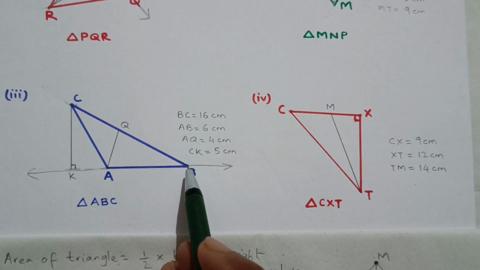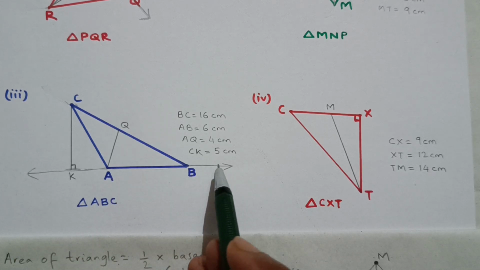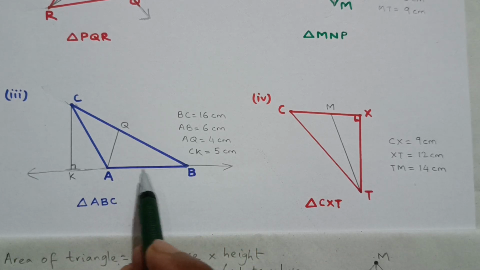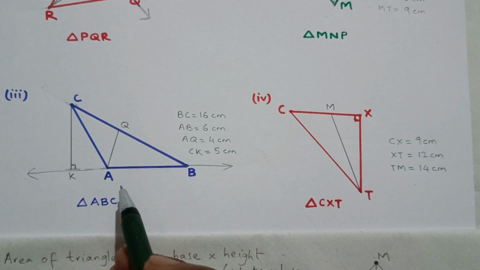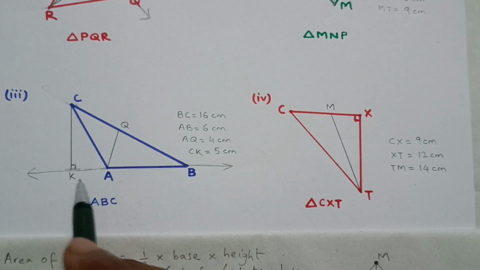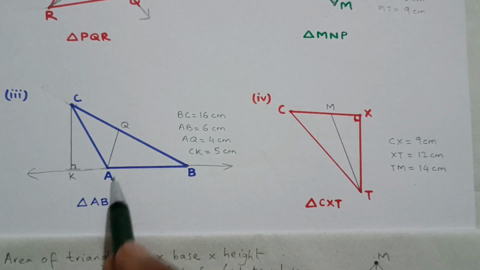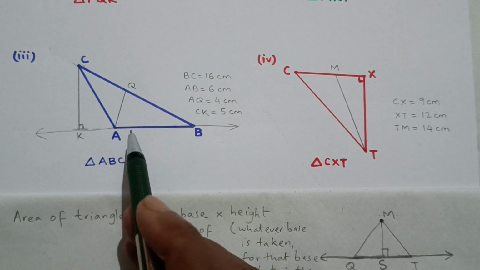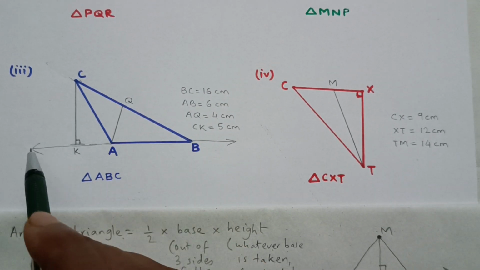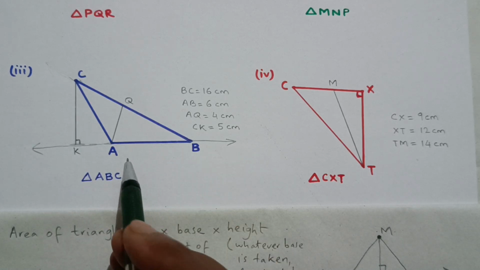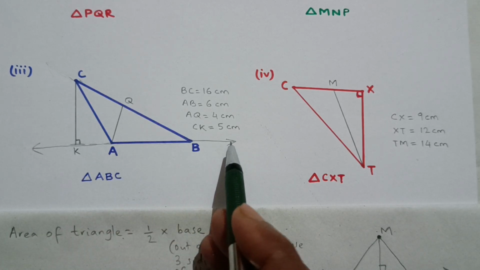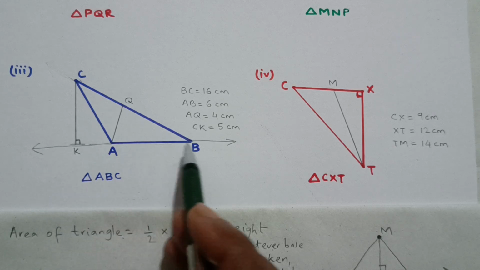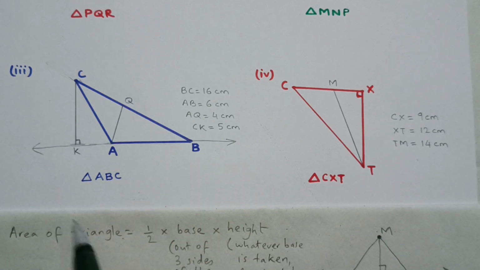because the base AB sits on this line. So you can consider this line as our base. Even though we have taken the base as AB, AB sits on this line, so you can consider this entire line as our base.